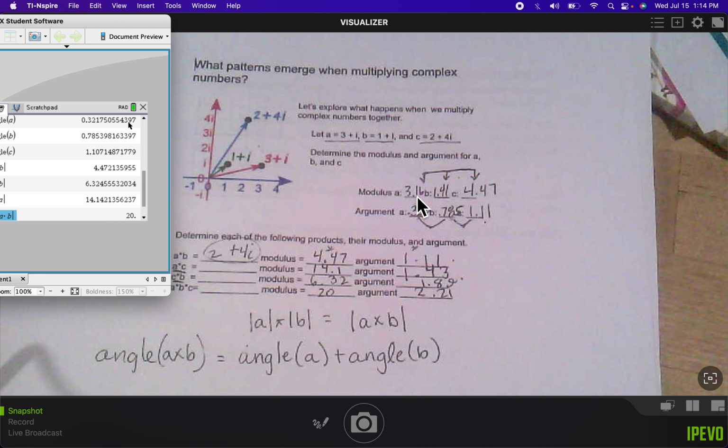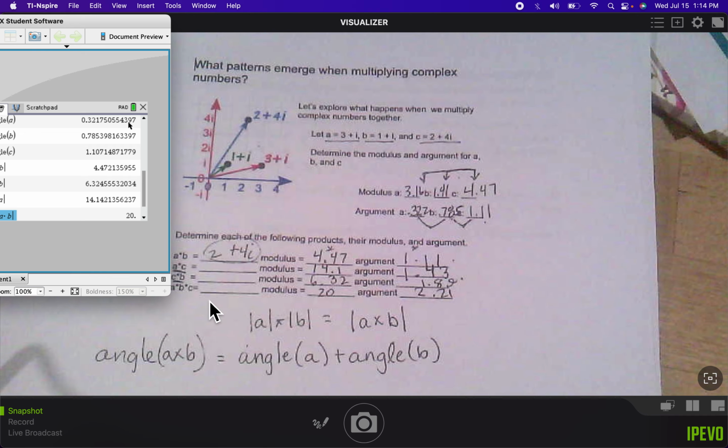And A times C, 3.16 times 4.47, is going to give us 14.1, so on and so forth. So if I took the modulus of A, B, and C, 3.16, 1.41, 4.47, and multiplied those things together, your calculator would give you 19.9, but that's purely an approximation error. It's going to be exactly 20.